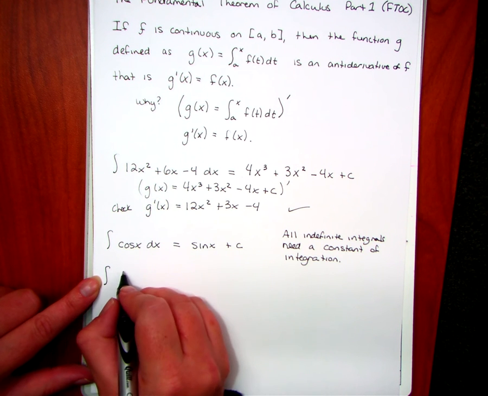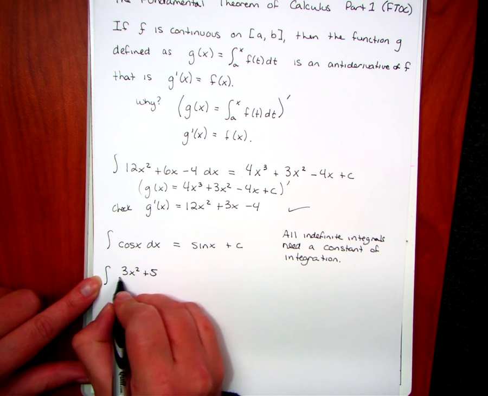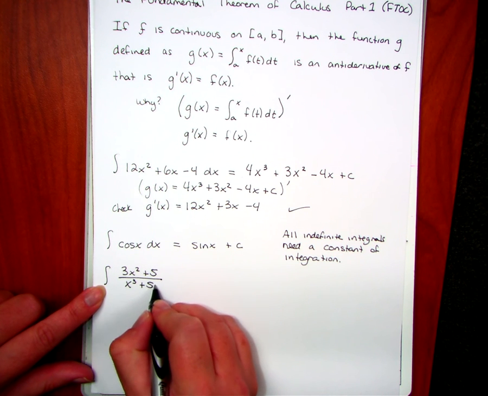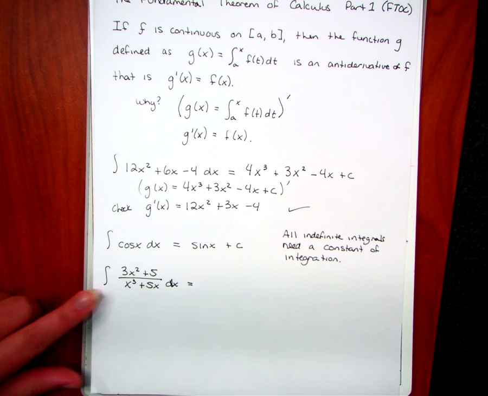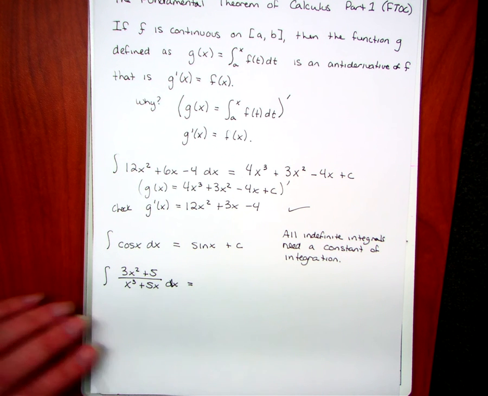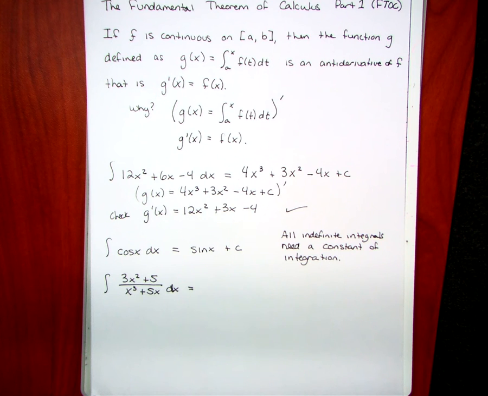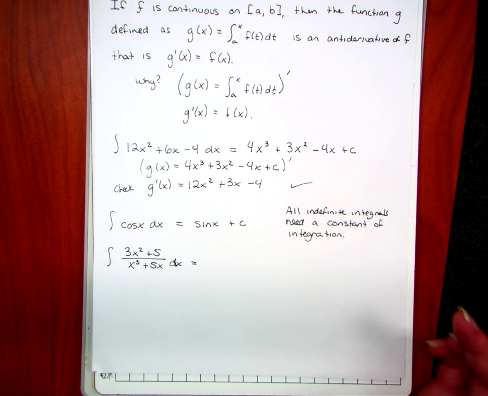So it's just another way of kind of giving you an antiderivative problem. So let's look at the antiderivative of 3x squared plus 5 over x cubed plus 5x. The dx is just telling you it's the antiderivative with respect to x. So it's kind of like your variable of integration instead of your variable of differentiation.